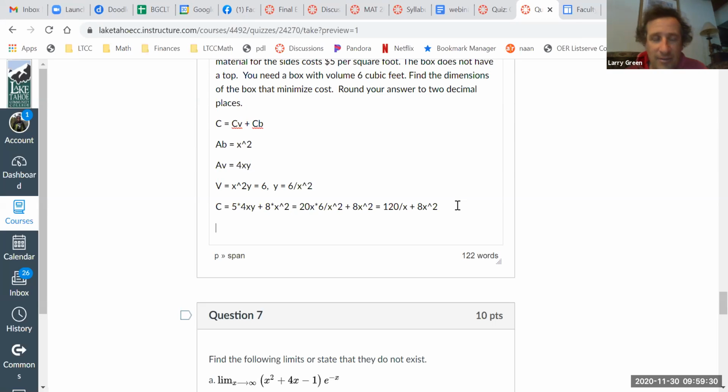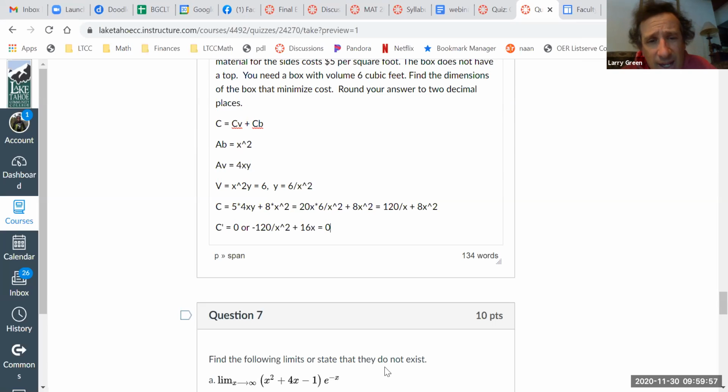Does that make sense? So I need to find C prime equals 0. The derivative, and this is supposed to be easy, is negative 120 over x squared plus 16x. Set it equal to 0. Any questions on that?